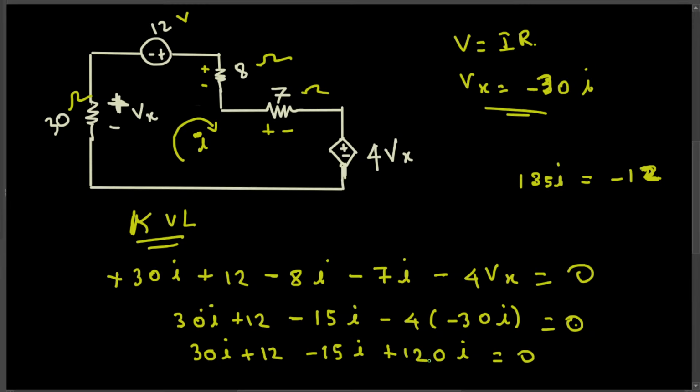Okay, 120i minus 15, that is 105. 105 plus 30, 135. Okay.